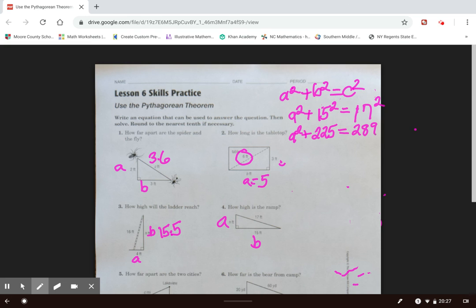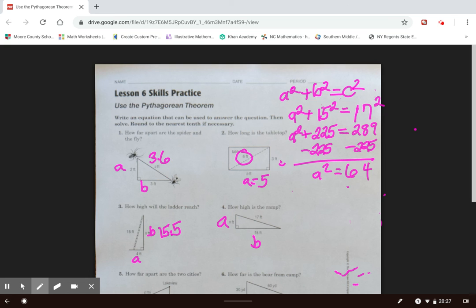All right, so next thing I do is subtract 225 from both sides. All right, so then I get a squared equals 64.